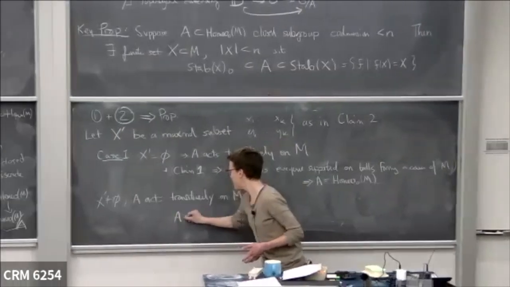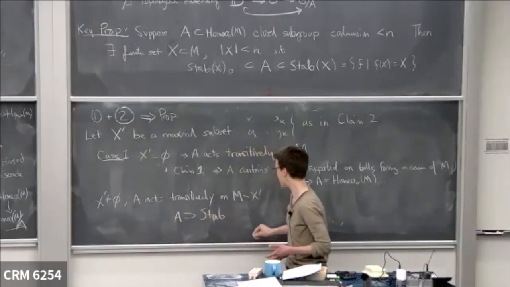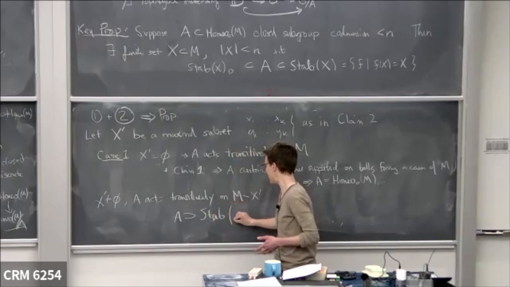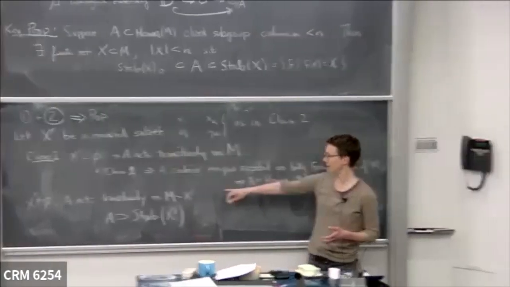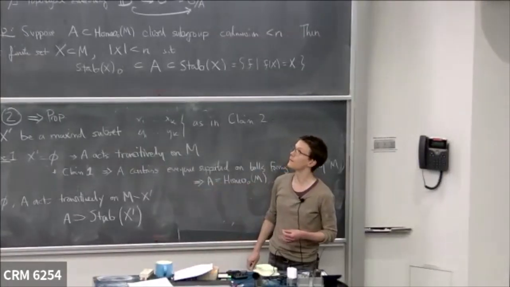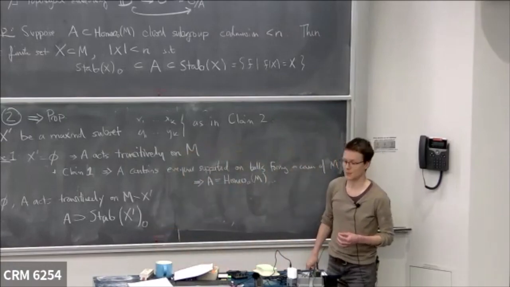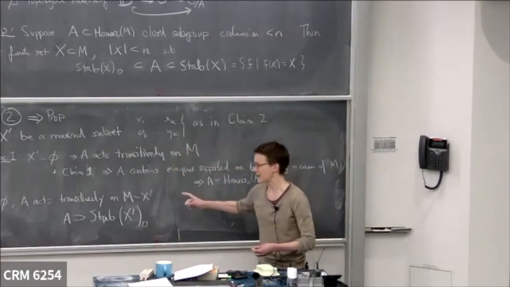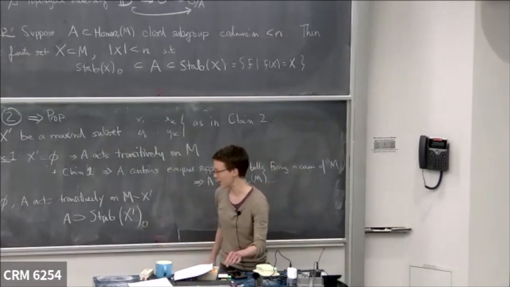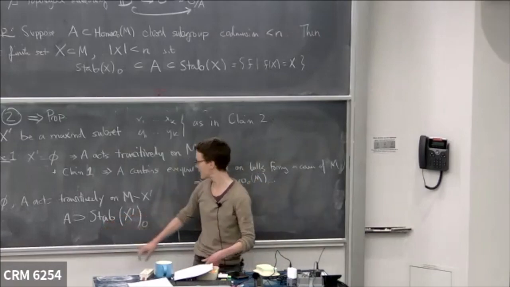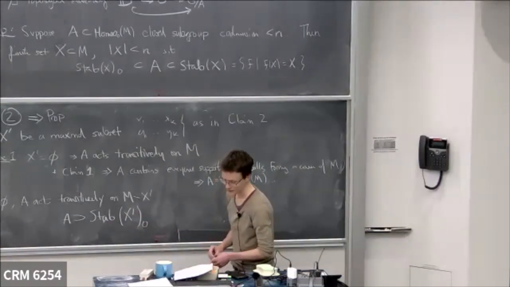That A contains the stabilizer of X prime, the identity component of the setwise stabilizer of this X prime. There's a step to get there that I am getting out of time for, using the fact also that A is a closed subgroup.